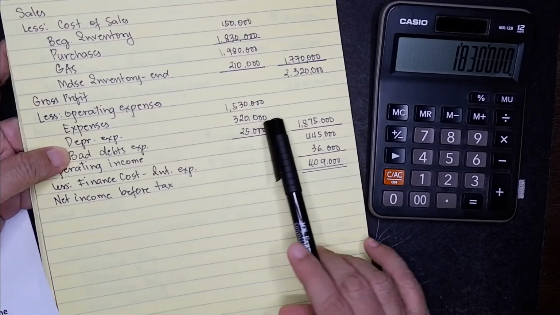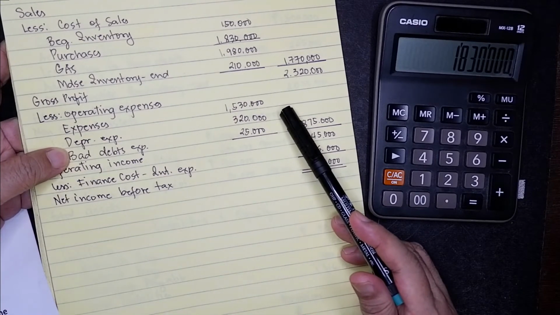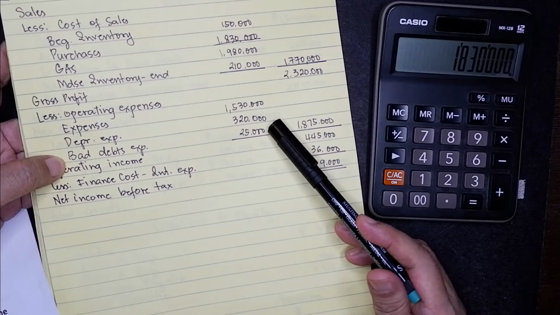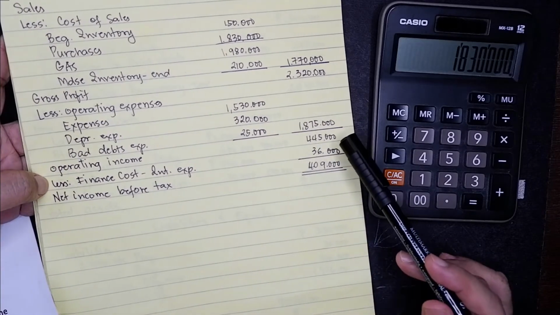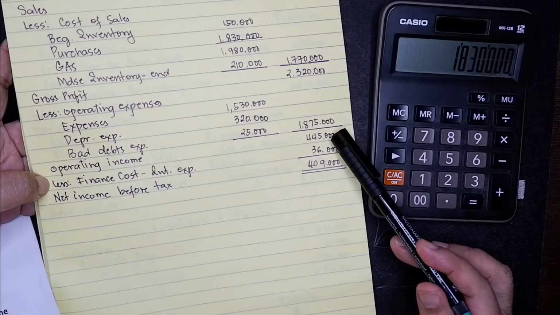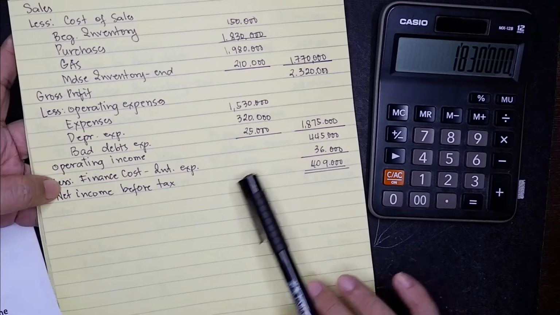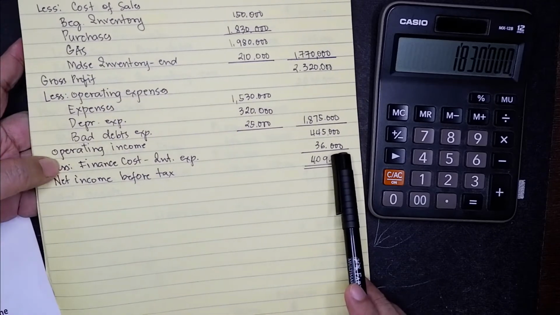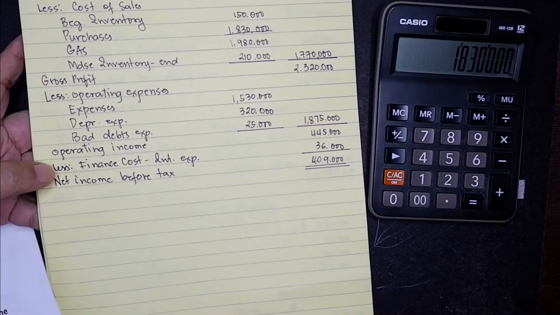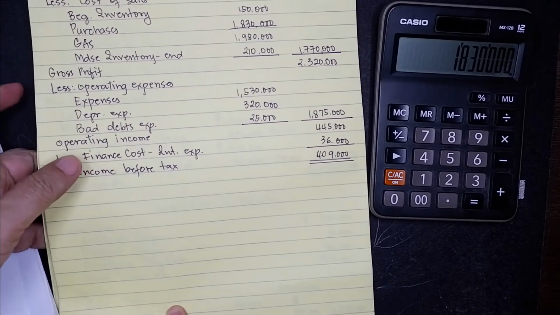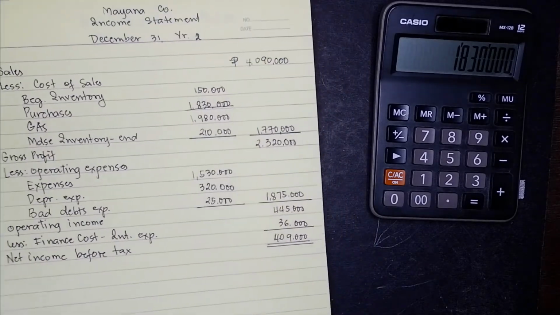Then we have our depreciation expense of 320,000 and bad debt expense of 25,000. So, operating income is 445,000. Our operating expense is 1,875,000. Minus the finance cost of interest expense of 36,000, so our net income before tax ay 409,000.